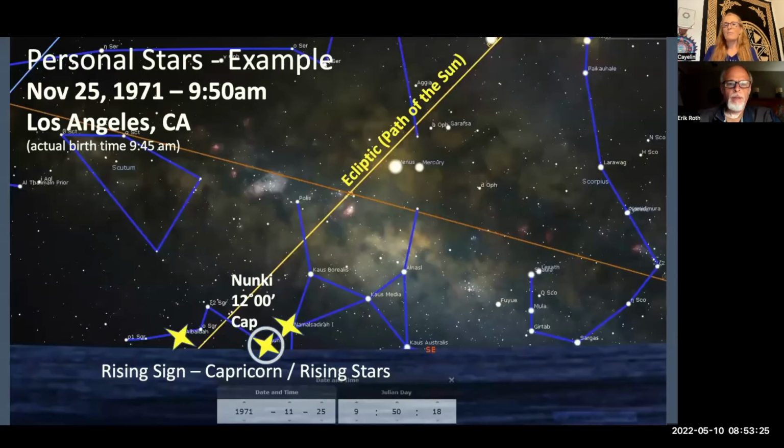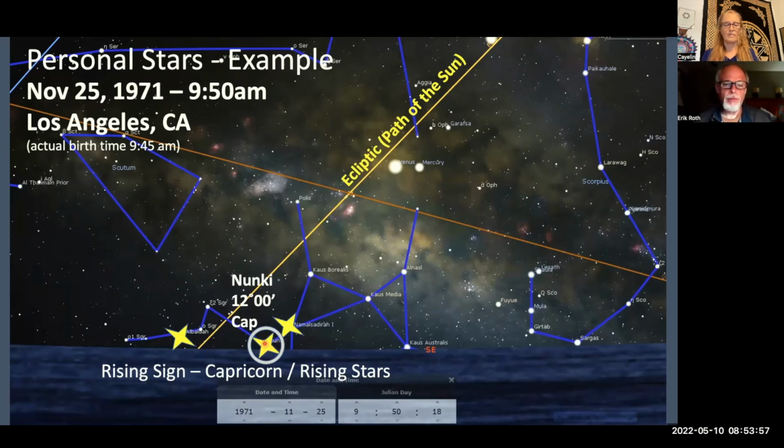So now Eric's going to share with us how you can figure out your personal star. Yeah, thank you, Kaitlin. This is another night sky map that shows the time that I was born, November 25th, 1971 in LA at 9:50 a.m. I was born 5 minutes before, but we can see on the diagram, I've got circled on the bottom the star Nunki, which I believe is the brightest or one of the two brightest stars in that constellation.